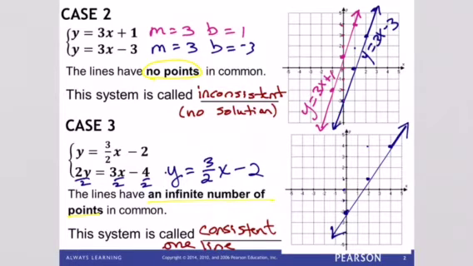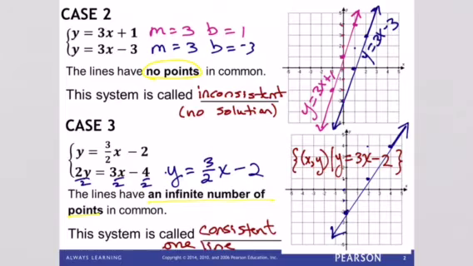Now, I didn't talk about how we write the solution of this, and so I'm going to write it up here because there's not room on the bottom. The way we write the solution is, first of all, we write in set notation (x, y), because in this case our solution is an ordered pair, right? It's not just a point. And then we write the equation itself, because the equation itself tells us where the points are.